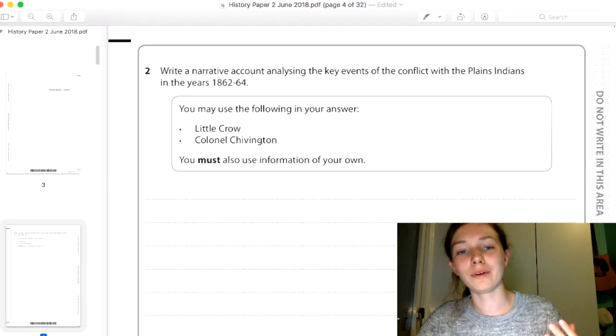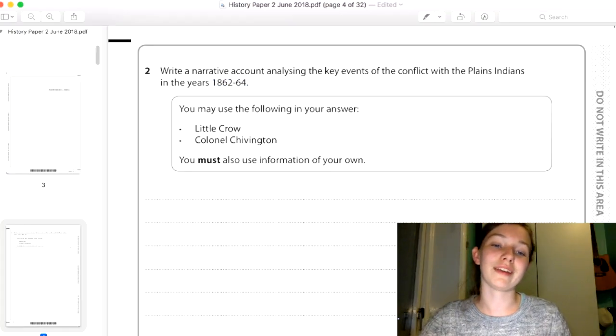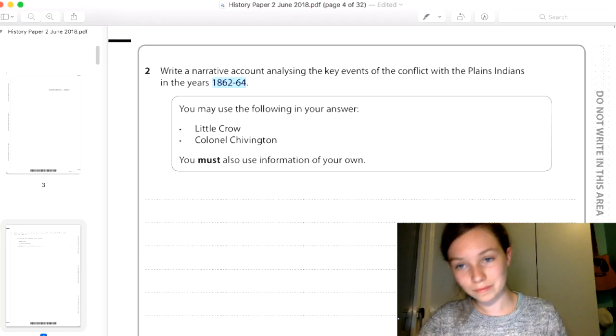But Red Cloud's War, I believe, was 1866, so it's outside this time bracket. And if you look through the American West textbook, you'll find that there's nothing really that fits within the time bracket. The time bracket's too small.